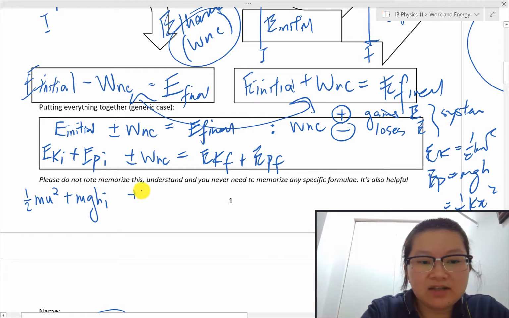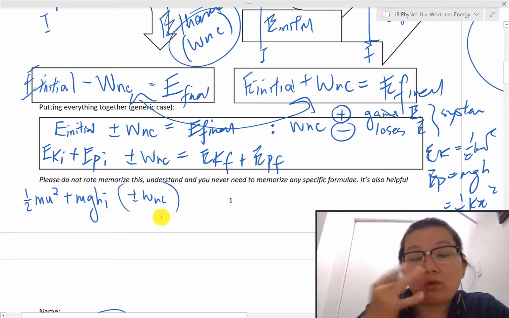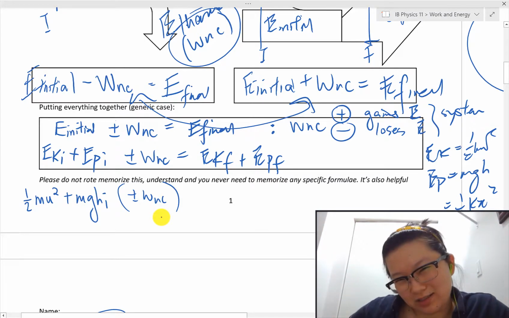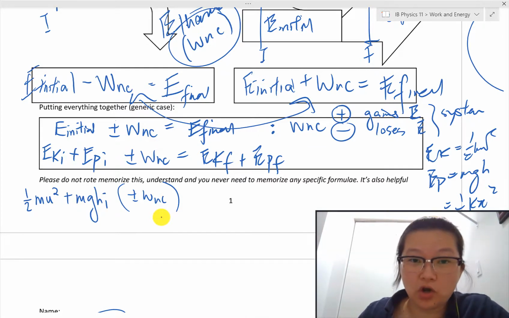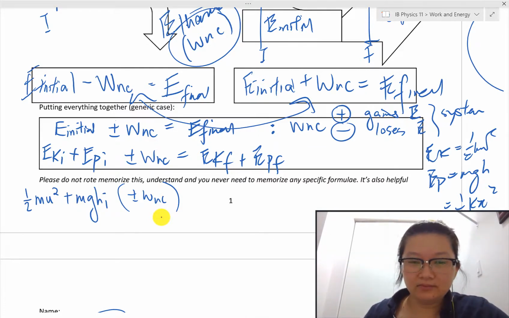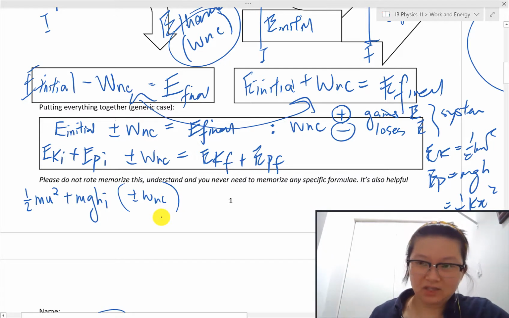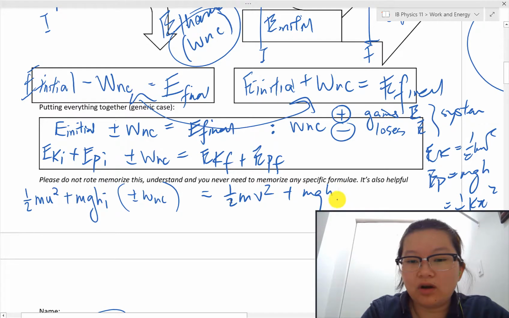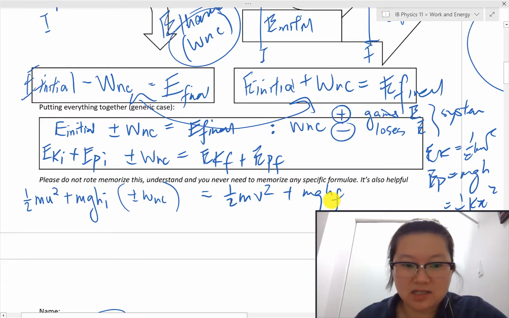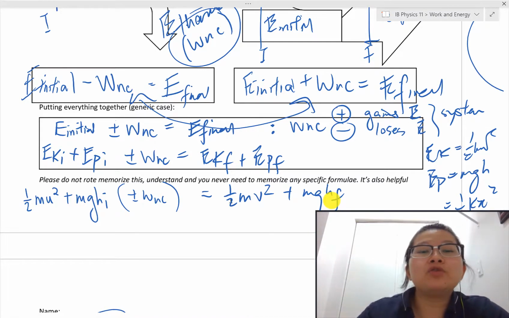And this plus or minus work term might not be in your equation because most of your questions are going to deal with where your total energy in the system stays the same, where no work is being done to your system, or it loses, or your system doing work on something else. So that may not be there. Okay, so then you have that equal to 1/2 m v for final velocity, same thing in your data booklet, squared, plus mgh, where the h is the final height relative to some reference point, okay? So this becomes more applicable for you to use in a problem.